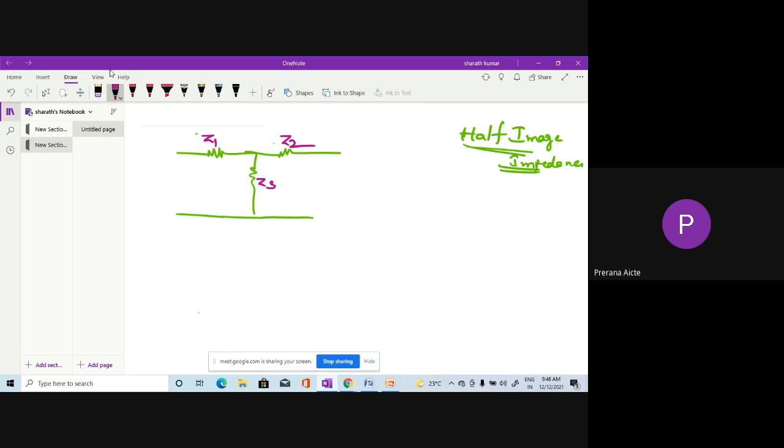If you want to calculate ZI1, put Z2 equal to 0. Why? Because they are requiring the image impedance for the off network only, so this is neglected. Put Z2 equal to 0 in the above ZI1 equation, then you will find ZI1.